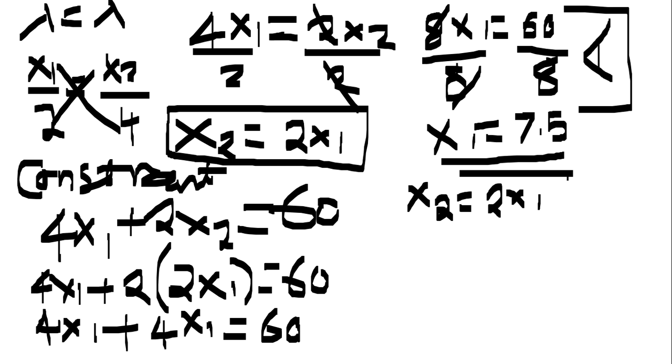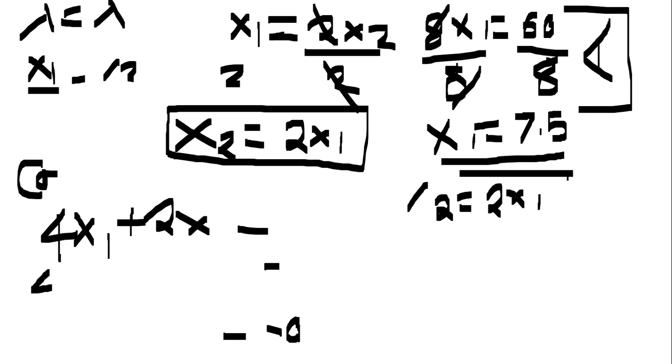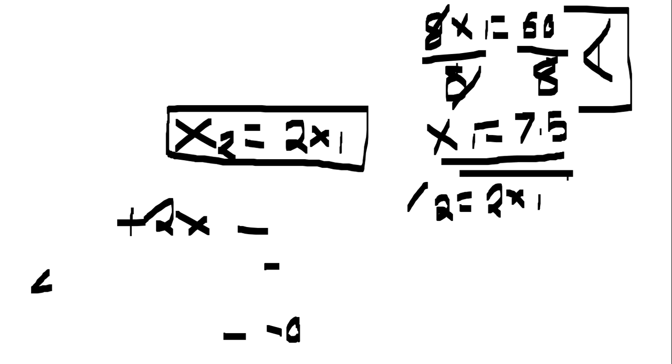So now to find the units of good x2, remember we found an equation that is describing the units of good x2 that can be purchased, and we said that x2 is equal to 2 times x1, right? Yes.